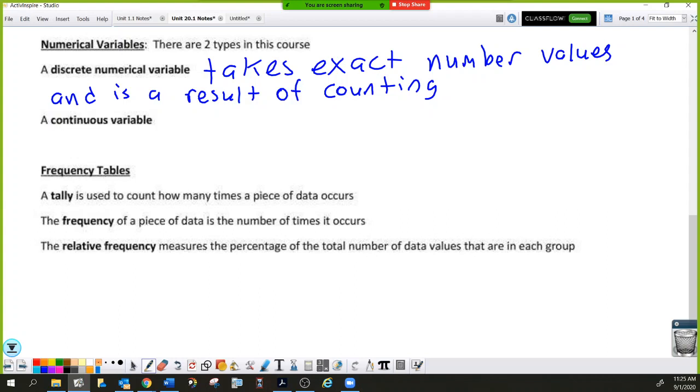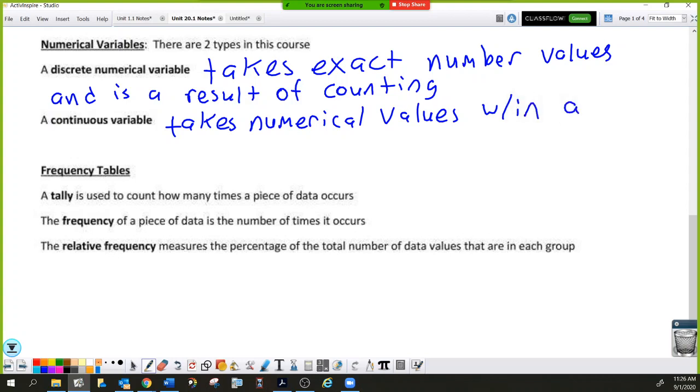Whereas continuous would be any type of measurement, weight, height, length, things that can be subdivided into smaller and smaller and smaller. We don't want to subdivide our human beings. That's scary, scary, scary, right? So a continuous variable takes numerical values within a certain continuous range.